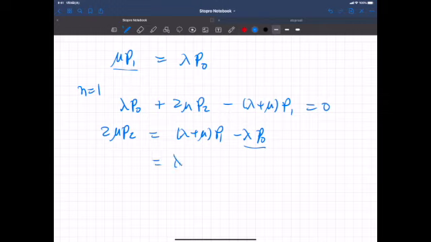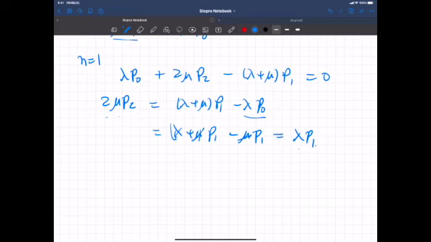So (lambda plus mu) P1 minus mu P1, this will cancel, and we have lambda P1. So 2 mu P2 is equal to lambda P1.